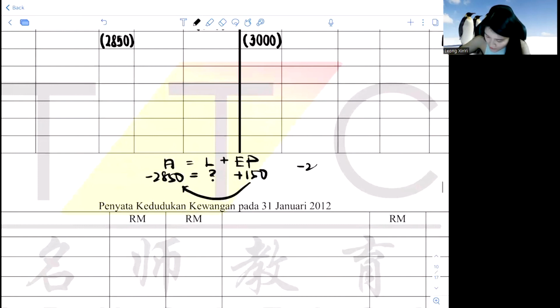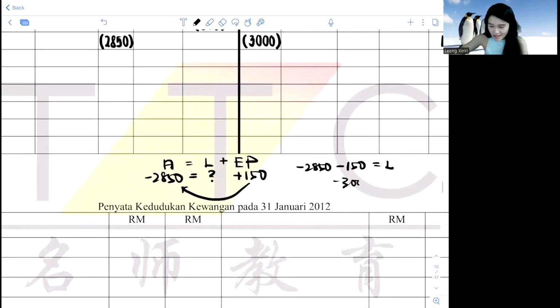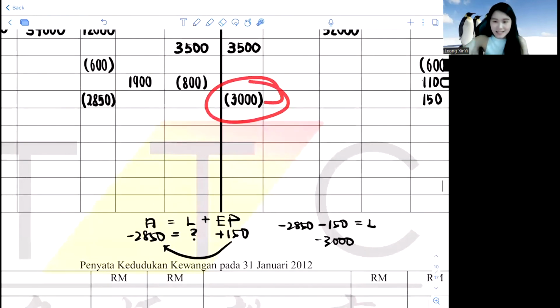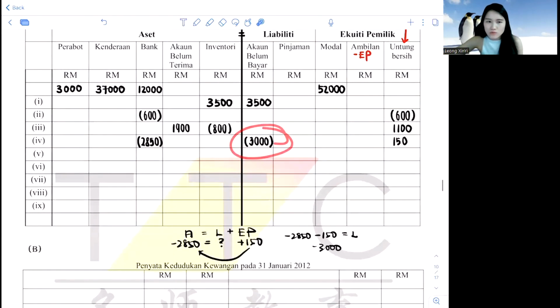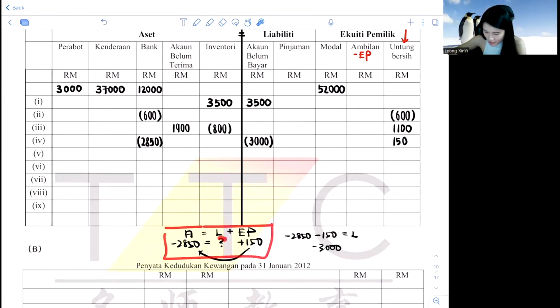Negative 2850 minus 150 equals the liability. And as you do that, do you get negative 3,000? Exactly like this. So if you forgot how to find the original figure, write out this formula first, then put the unknown as your liability, and you should be able to find it. Okay, so that's it for our point 4.